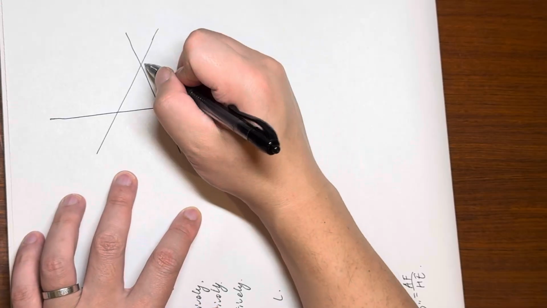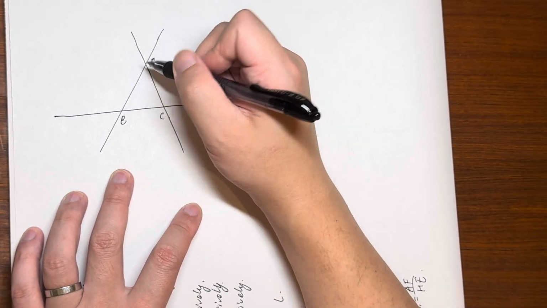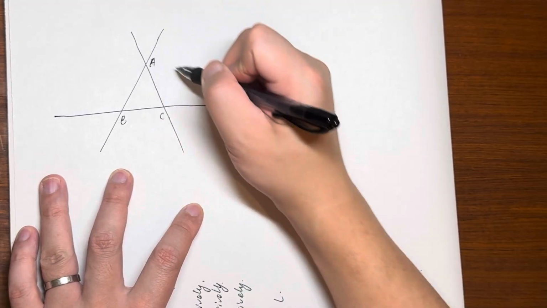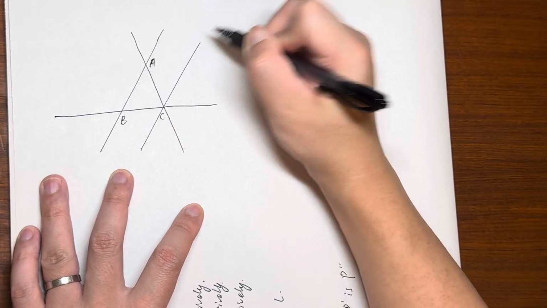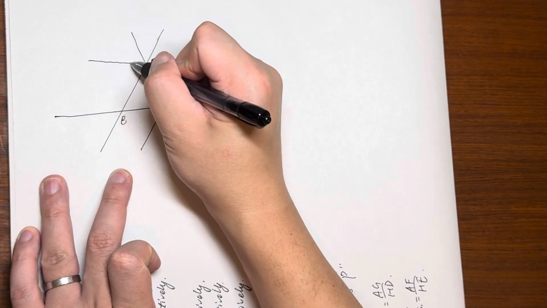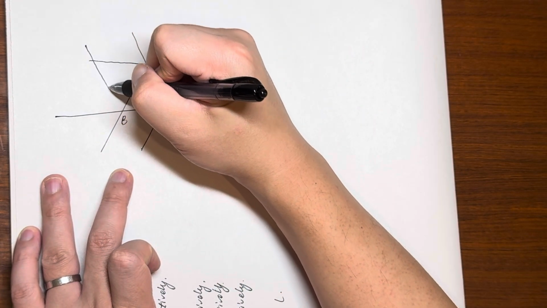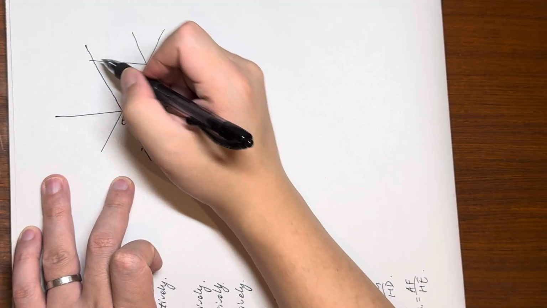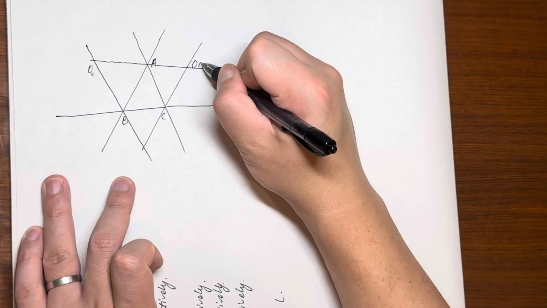So we have triangle ABC here. And we have the angle bisector. This one is OC, this one is OB, right?